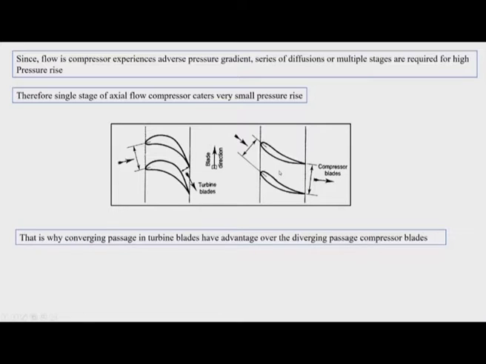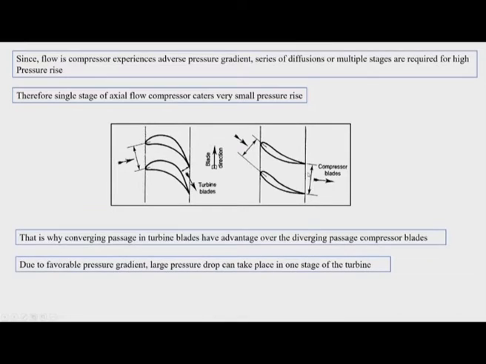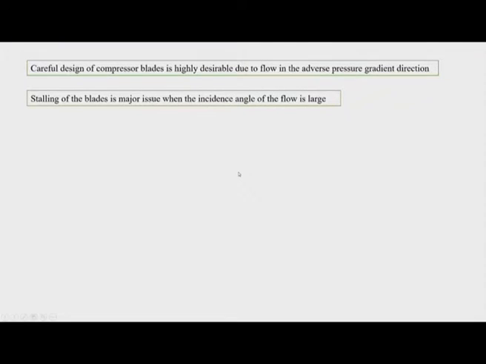Okay. So accelerating flow is an advantage for the turbine, but decelerating flow is a disadvantage for the compressor. That is why we need careful design of any compressor, especially the axial compressor, since it is facing an adverse pressure gradient in the direction of flow.